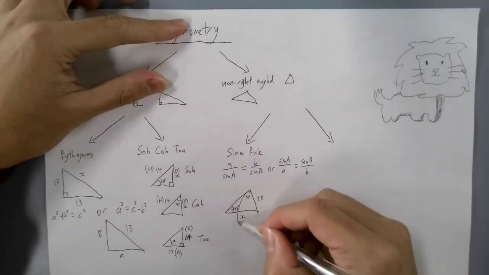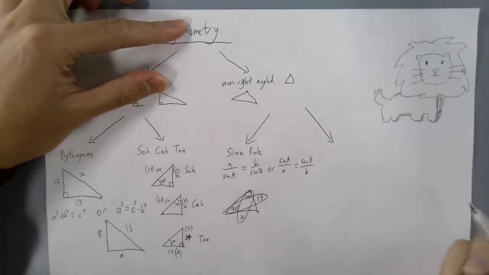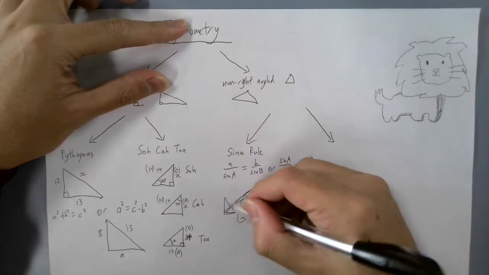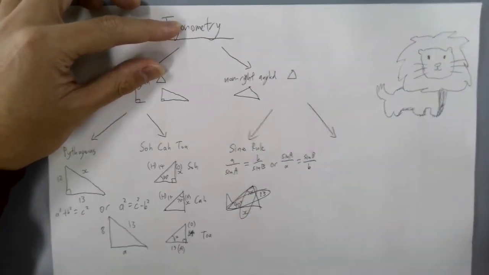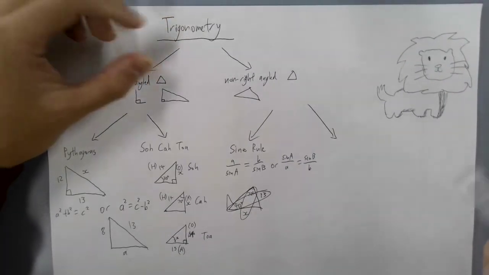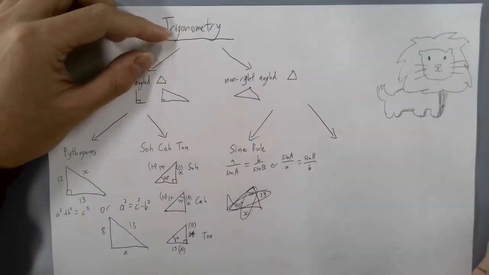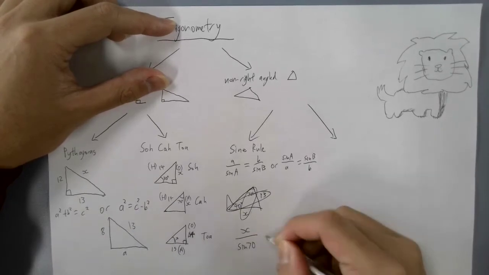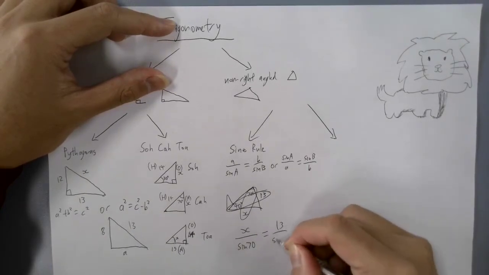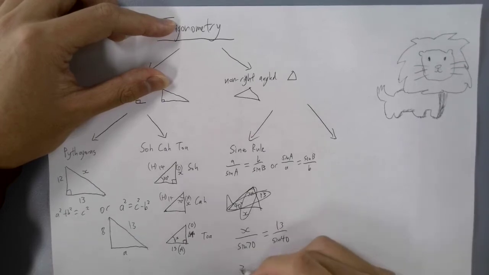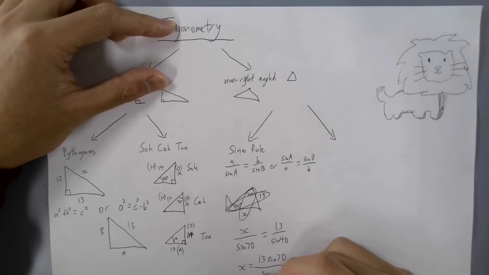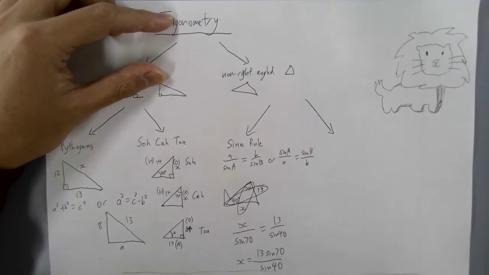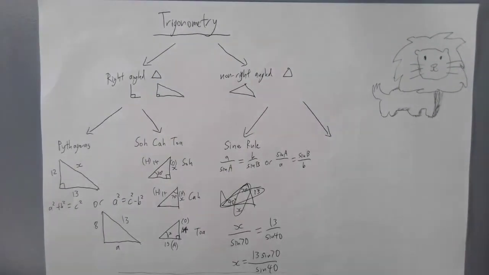But another way of noticing the sine rule is when you circle these pairs, you can draw a little aeroplane as well. So remember, for the sine rule, we can draw planes to solve our problem. Then we go x over sine 70 equals 13 over sine 40. We balance our equation, and then we can just type this into the calculator to get the solution.